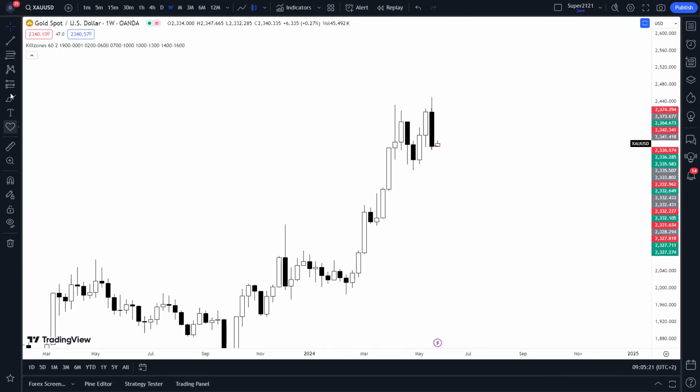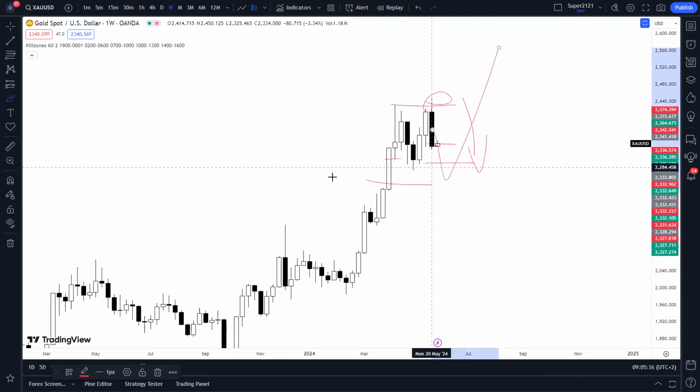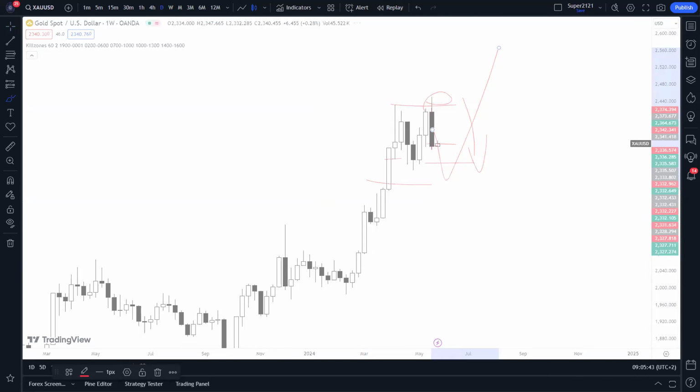But if you check USD and gold, it's a similar thing. See, high was taken and then price pushed further down. So we'll see if we get continuations, probably seeing something like this. But I will also monitor this one on daily.